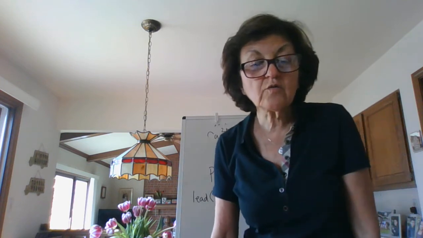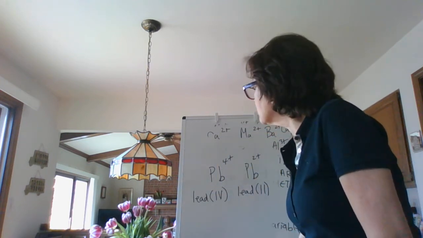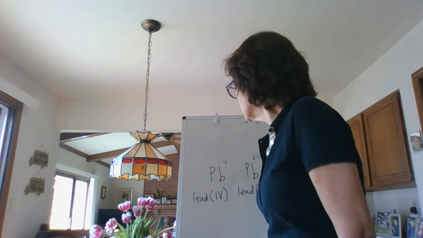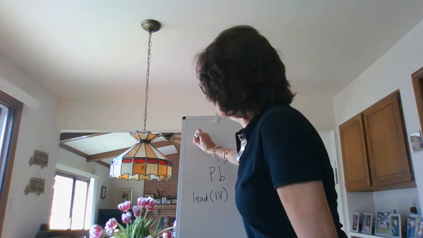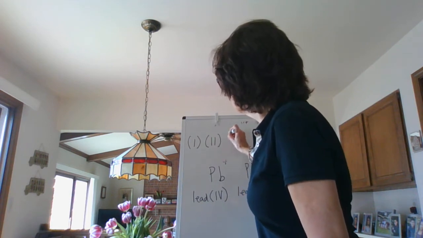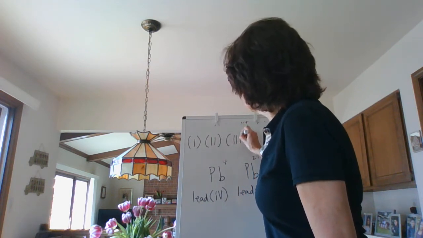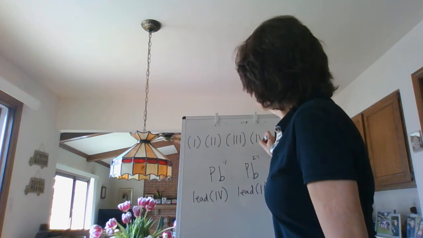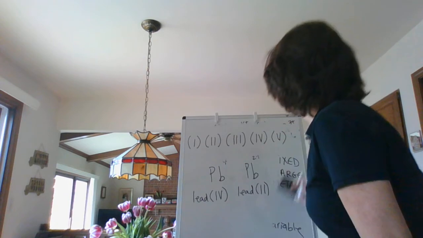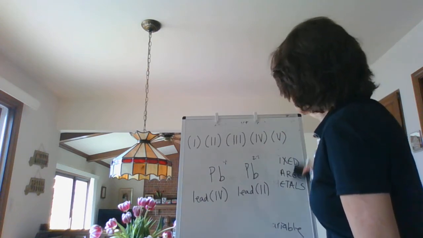For those of you who don't know your Roman numerals or never learned them in intro chemistry, let me show you. This is Roman numeral 1. This is Roman numeral 2, Roman numeral 3, Roman numeral 4, Roman numeral 5. And then I'll go up to Roman numeral 6.